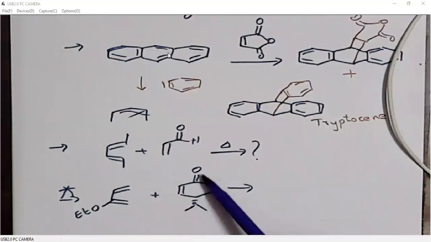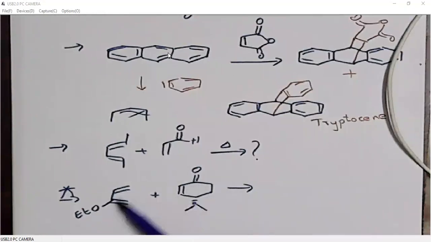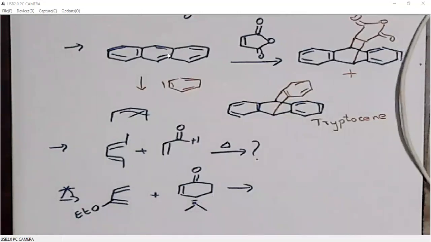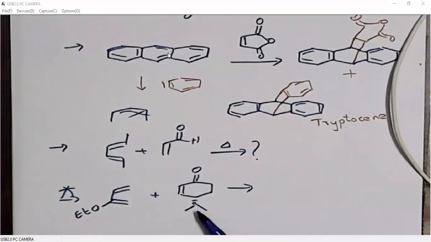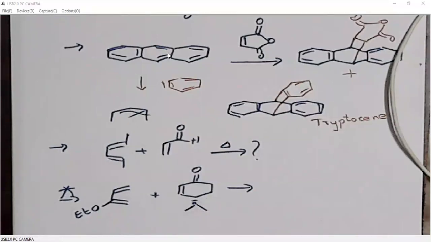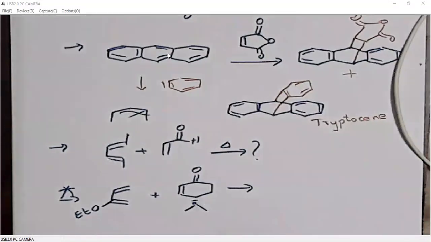That means this carbonyl cannot approach this diene from below the plane. It is difficult, right? So this isopropyl group restricts that approach. Then how do we predict the product? Of course, here it will follow endoselectivity.